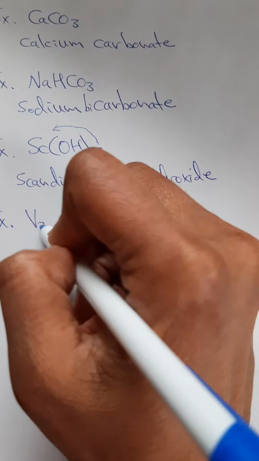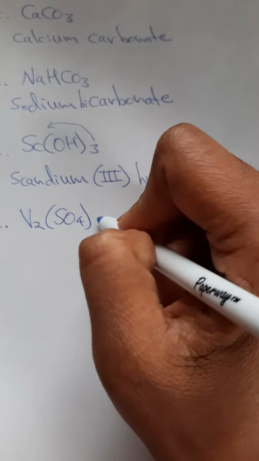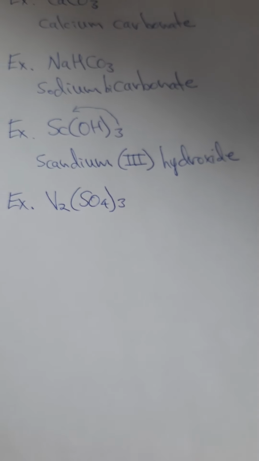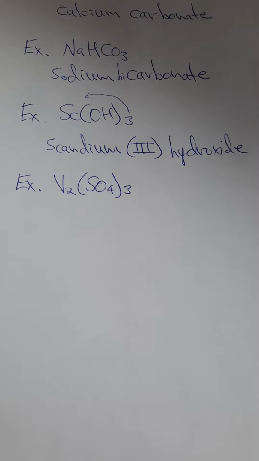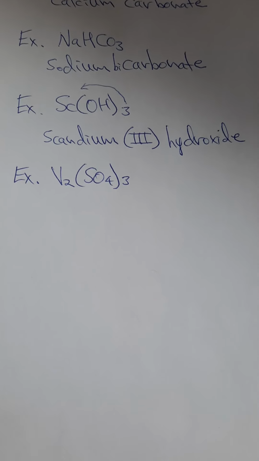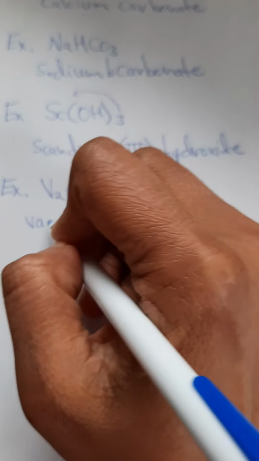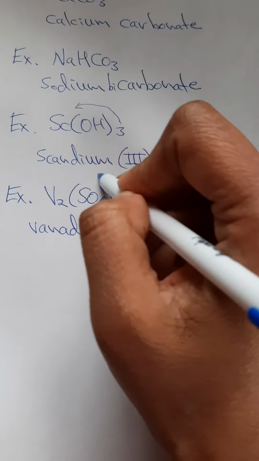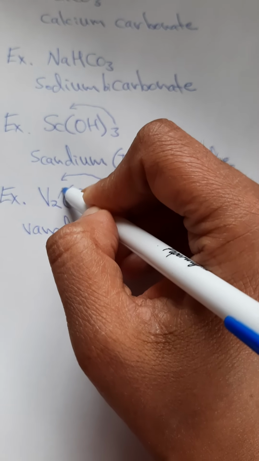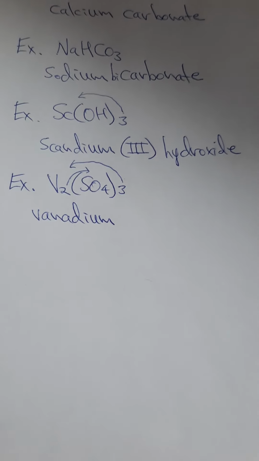So this is V2(SO4)3, okay? So we're covering some of these elements that you might not be familiar with. V is vanadium. If you look at vanadium, I see this 3 is coming from the vanadium, and the 2 is actually coming from the sulfate.